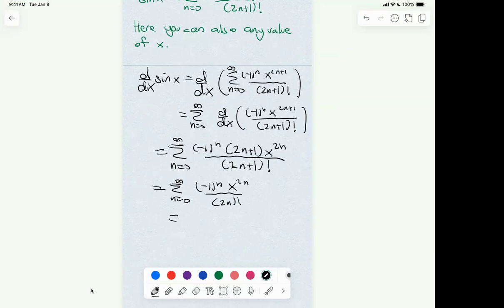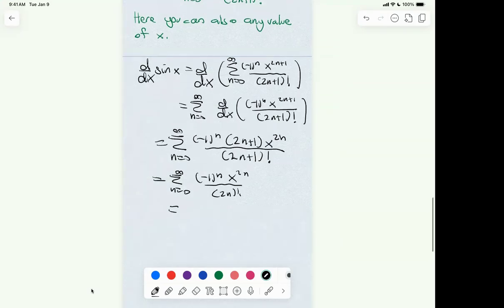Ah, gotcha. The thing is you do have to play with the re-indexing here. Let me see. We can do the integral of cosine, which should be sine, right?